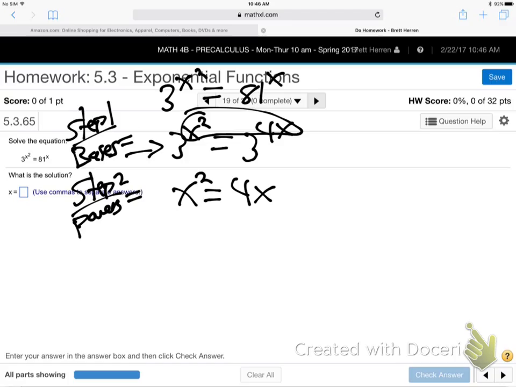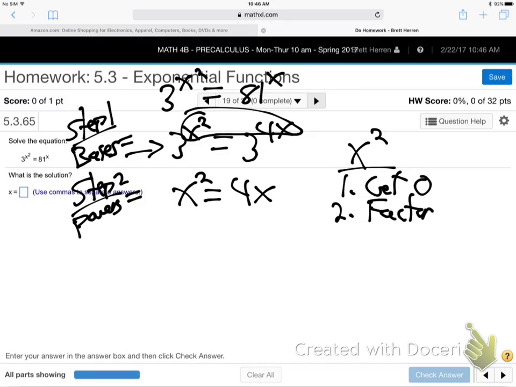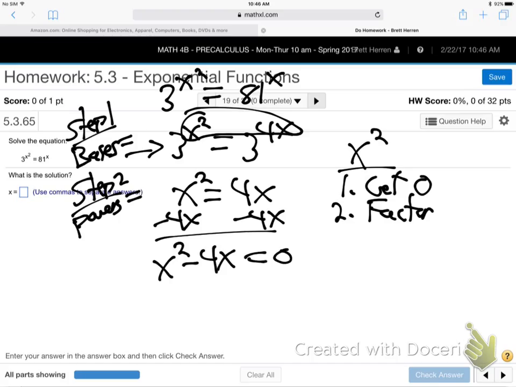So when you see an x squared, do you know what to do? When you see x squared, number 1, you get a 0. And then you factor. Remember that whole thing? So subtract 4x from both sides. Get a 0. And then factor. How do I factor?